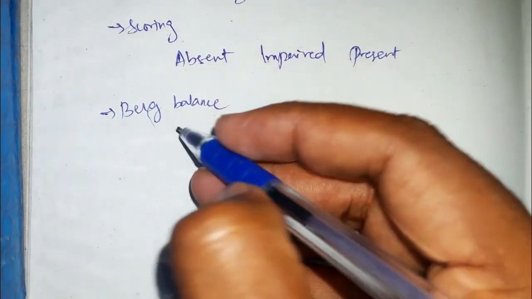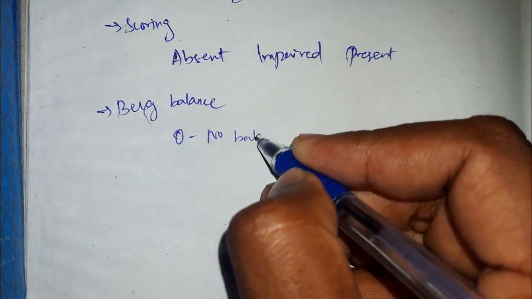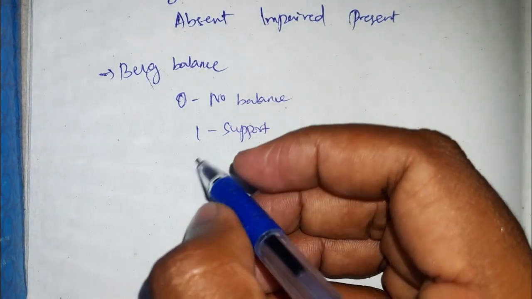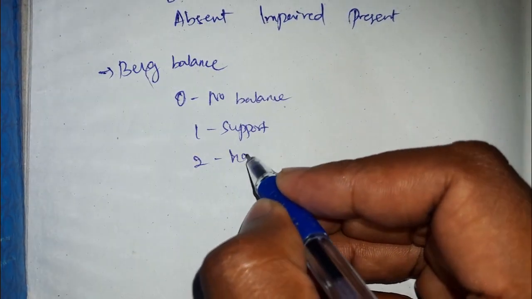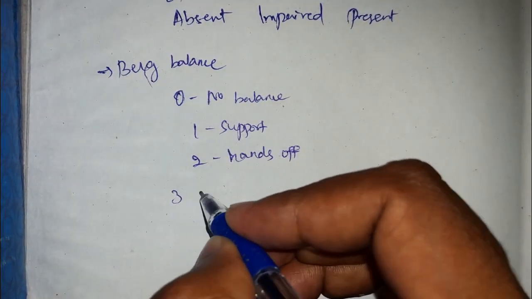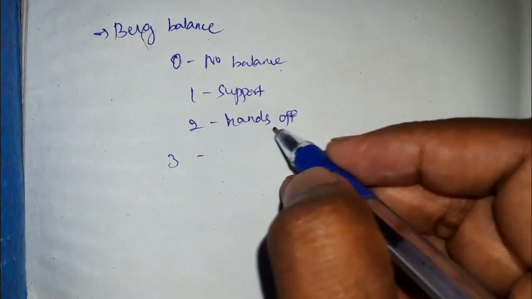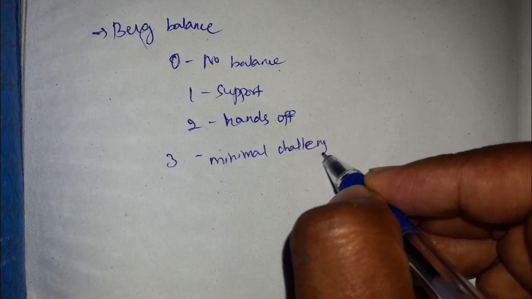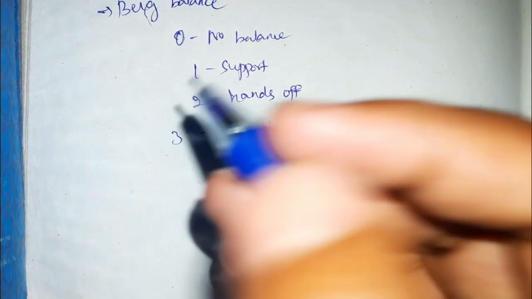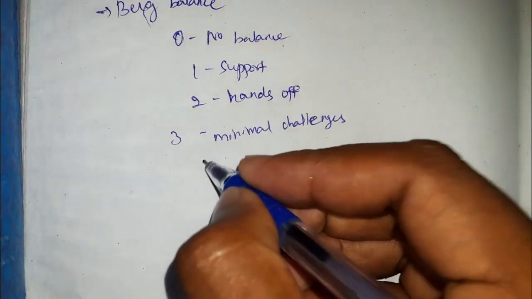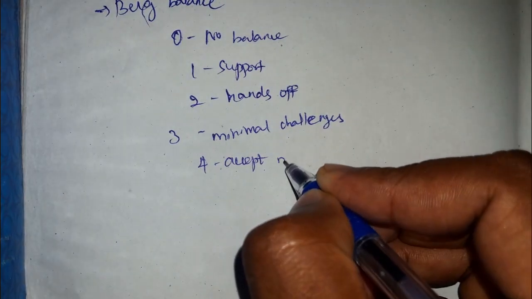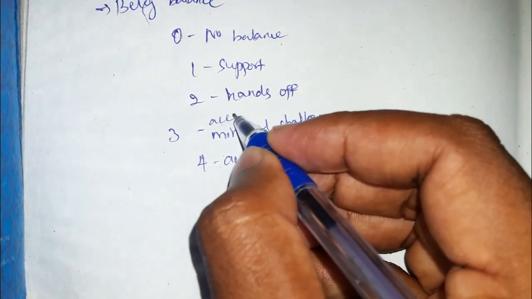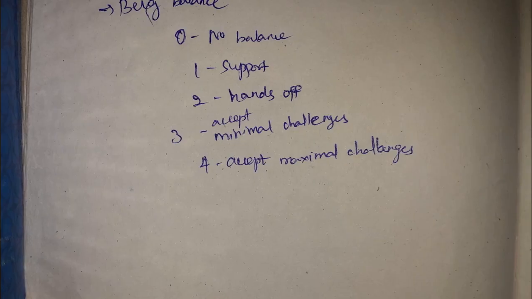In this, 0 means no balance, and 1, 2, 3, 4 are there. 1 means support is needed, and 2 means with the hands off they can maintain the balance. 3 means they can maintain the balance with hands off, but they accept only minimal challenges. 4 means they can maintain the balance and they can accept maximal challenges. So this is for the Berg balance scale.